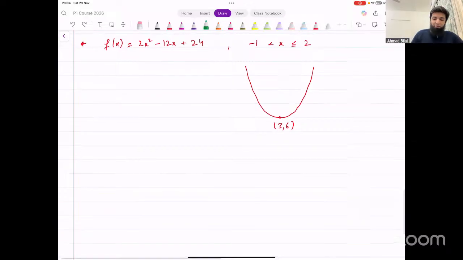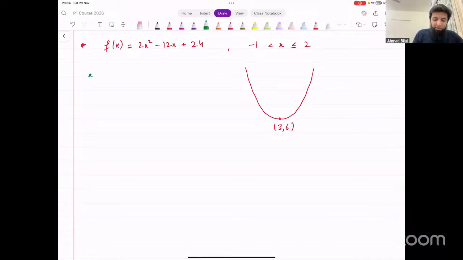Again, we can calculate the values of y that we get from this. X equals -1. What's the corresponding y value? F of -1. That will be 2 into -1 whole squared minus 12 into -1 plus 24. And that gives us 14 plus 24, which is 38.